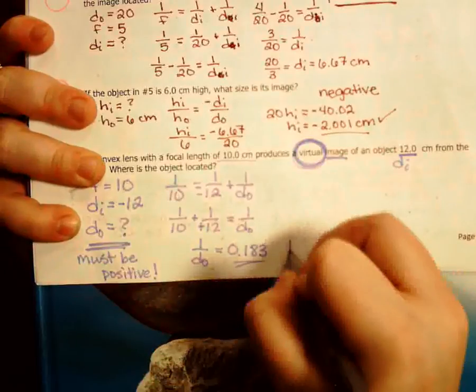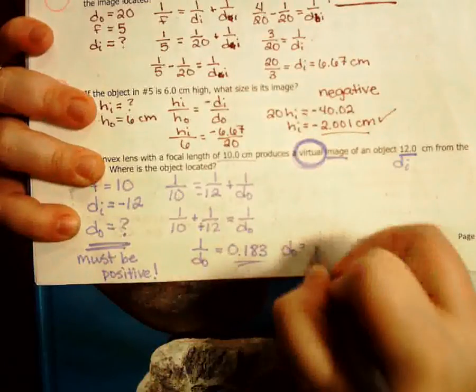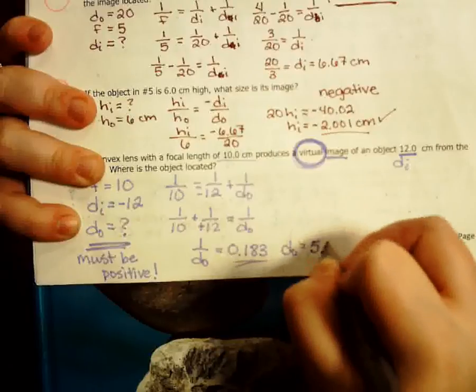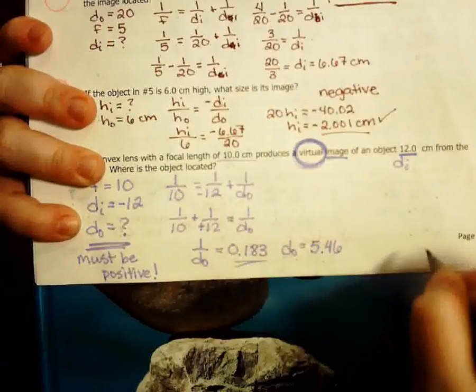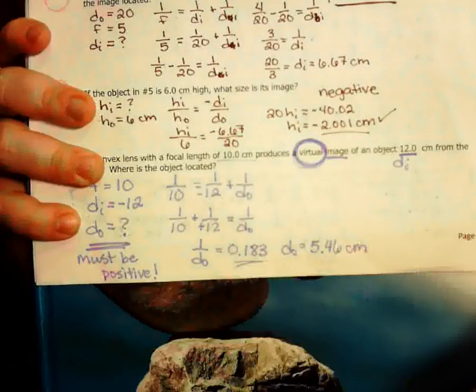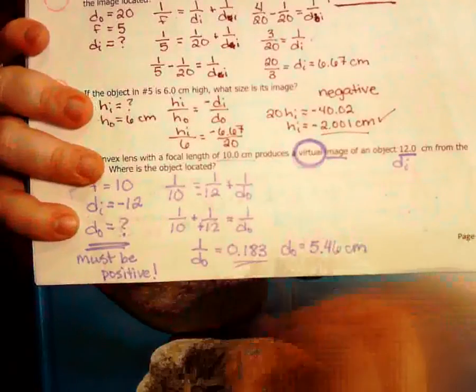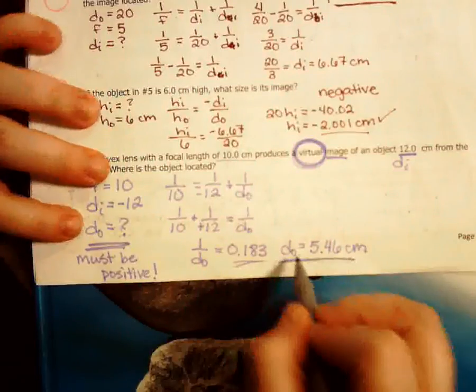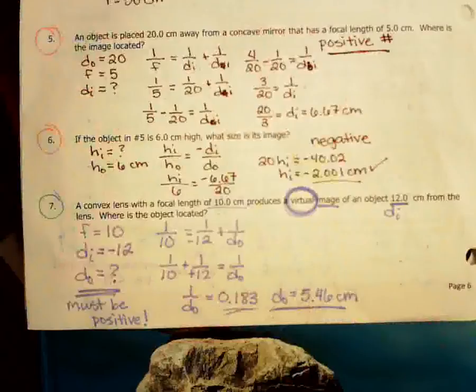And I am getting that DO is positive 5.46 centimeters. Has to be positive. O's have to be positive. Have to.